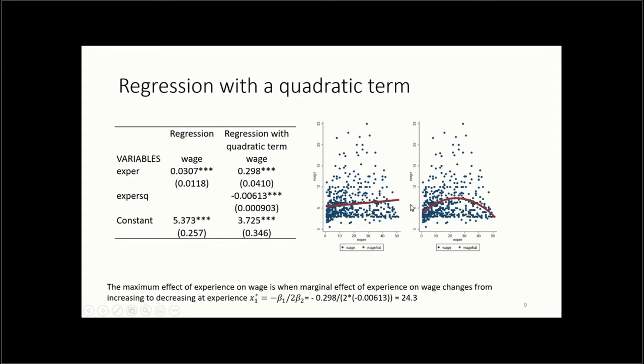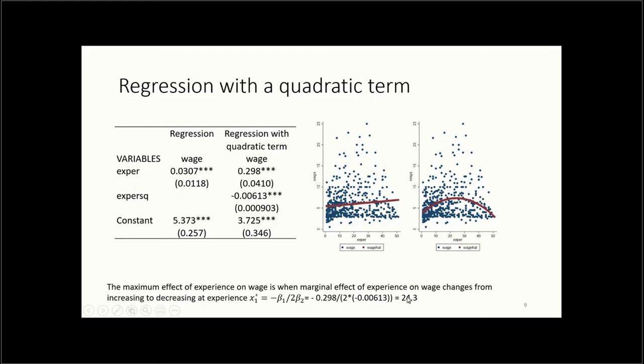But here we ask, is this data more like a linear relationship or a nonlinear relationship? If we estimate it, this is what we see here with a quadratic term. So if we want to see where the highest point in this curve is, it's about right here. I'm just looking at it visually.